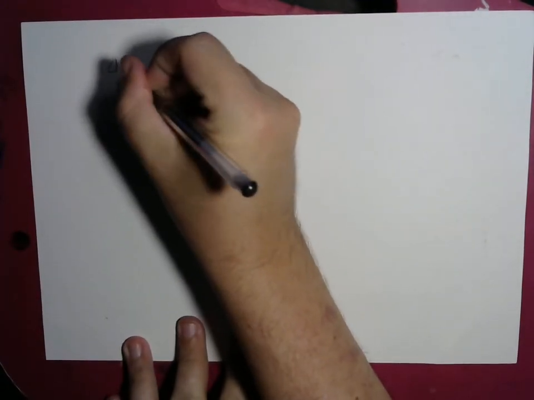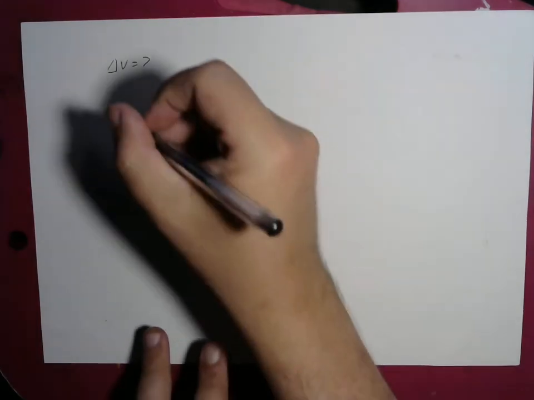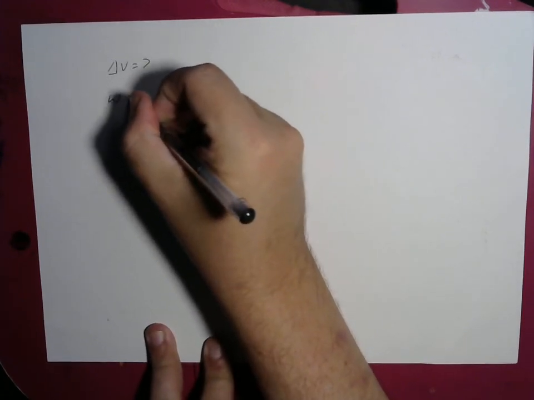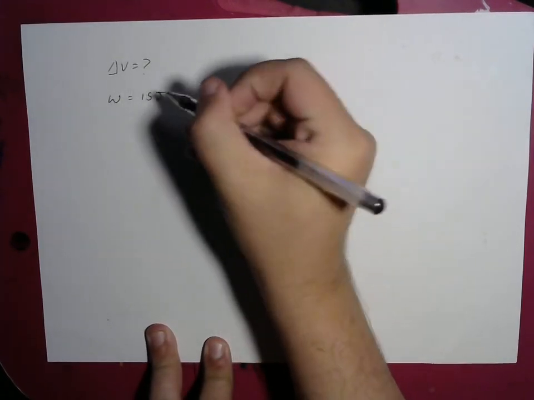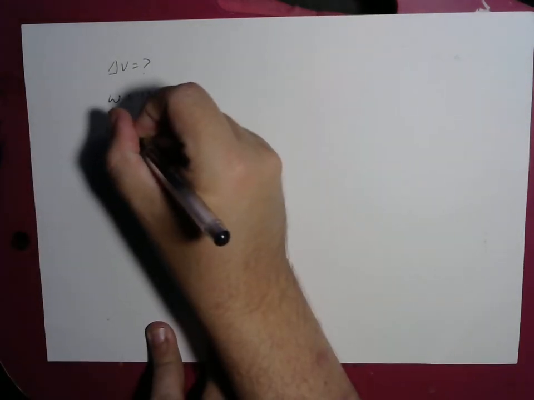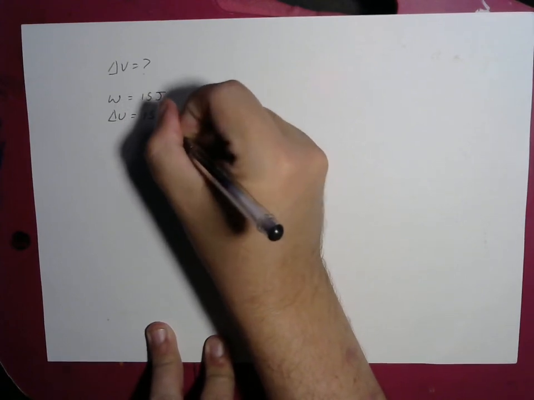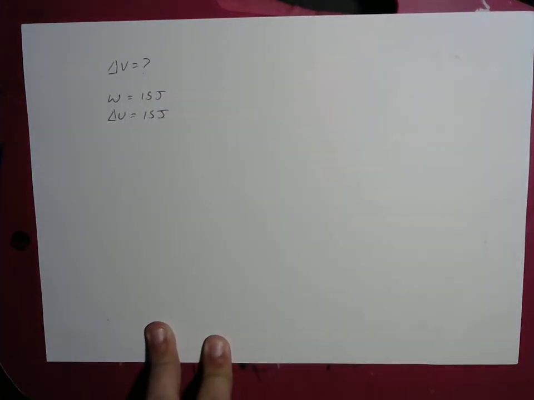We want to find potential difference. So what is delta V, or just V, equal to? We have our 15 joules of energy. Our work equals 15 joules, because we're doing 15 joules worth of work, which means that our change in electric potential energy must also be equal to 15 joules.